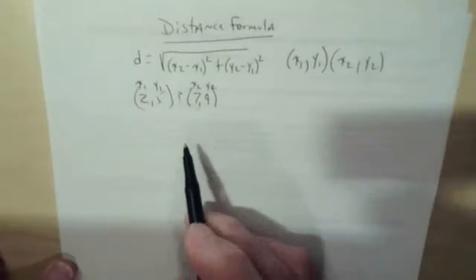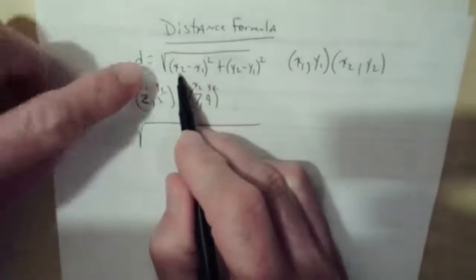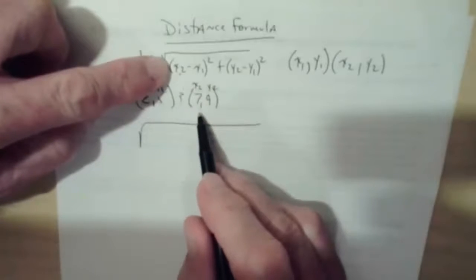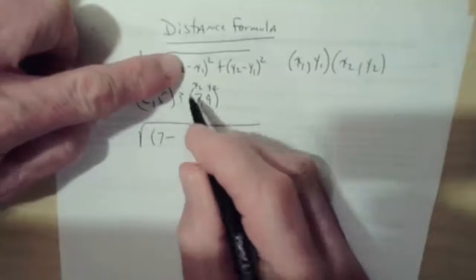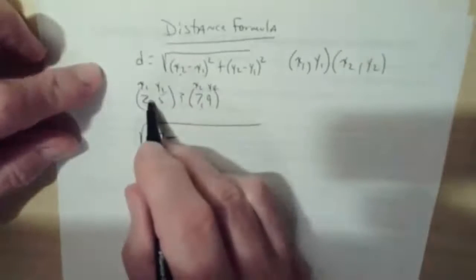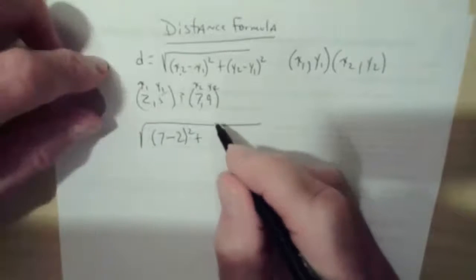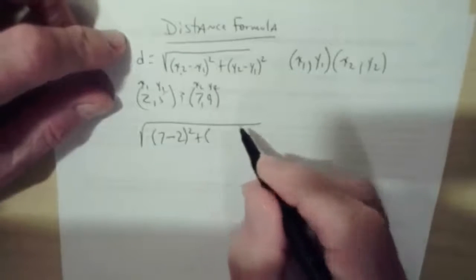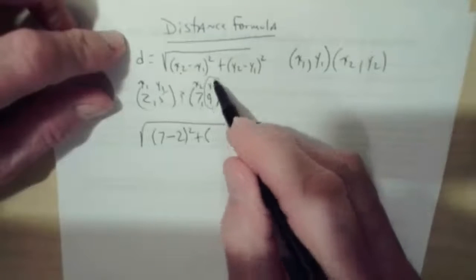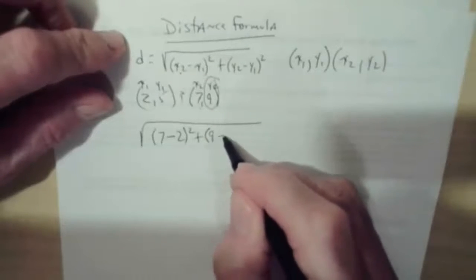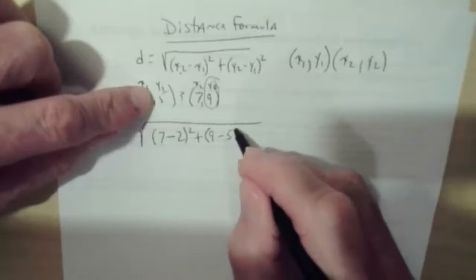Now we just plug in the numbers. x2 is 7 minus x1 is 2, closed and squared, plus y2 is here, 9, minus y1 is 5, closed and squared.